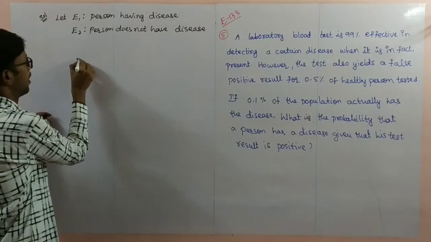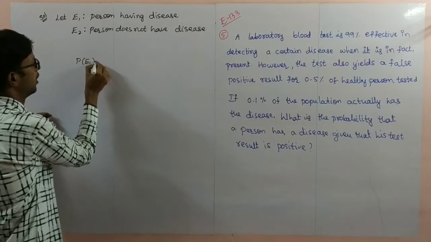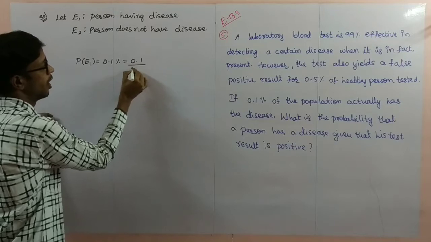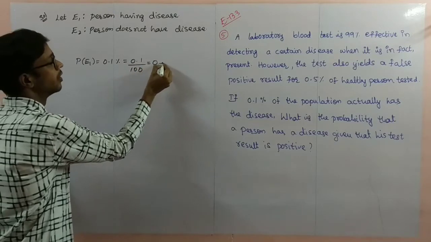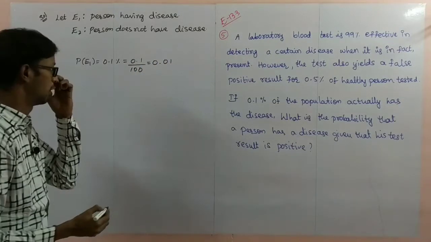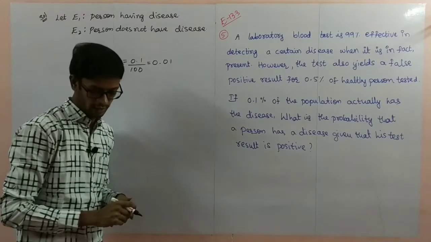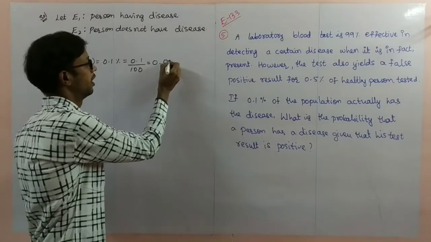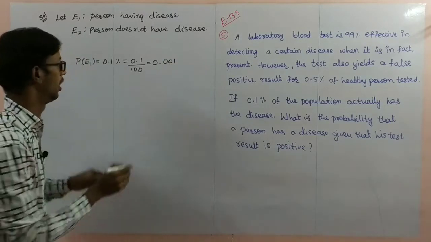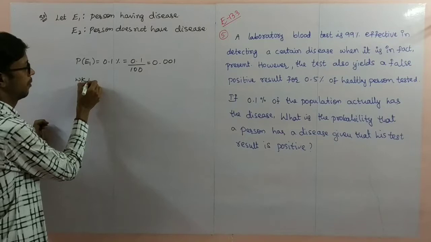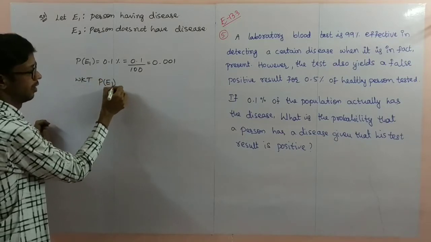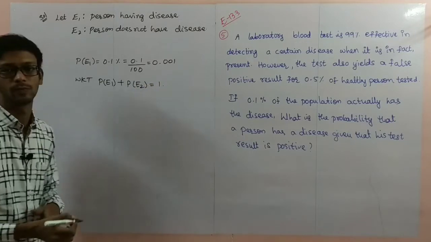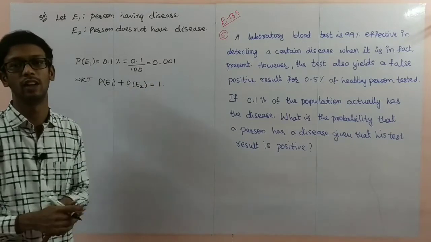So now I'll write the probability of E1 is equal to 0.1%. That is 0.1 by 100, that is 0.001. 0.001 is the probability of E1. Next, we know that these are mutually exclusive and exhaustive. The probability of E1 plus the probability of E2 equals 1.